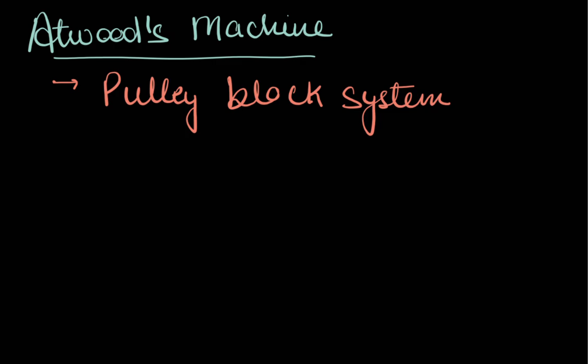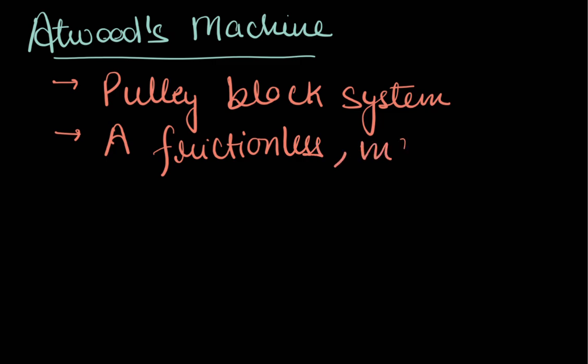In this, we discuss an ideal pulley which is massless, or has negligible mass, and rotates on its axle without any friction. So we talk about a frictionless as well as massless pulley.